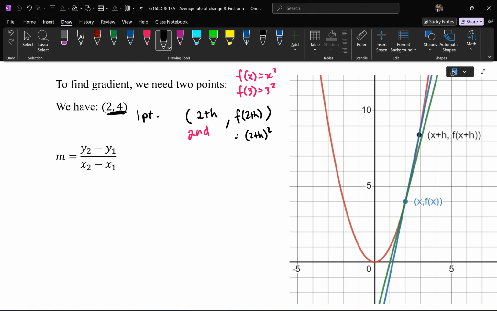y2 minus y1 over x2 minus x1. Let's follow that formula that we just got. So here's my x1, here's my y1, here's my x2, the random point you guys made up before, and here's my y2.